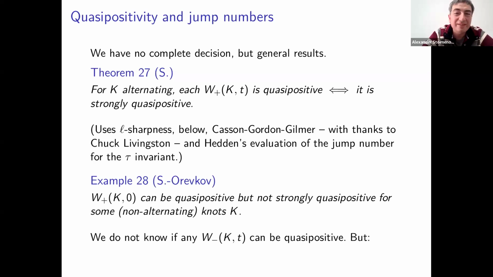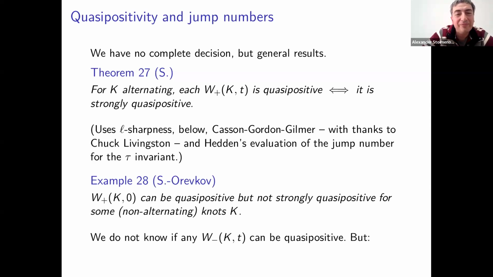And then I use Hedden's evaluation of the jump number for the tau invariant and some version of Casson-Gordon invariance, which was due to Gilmer and was explained to me recently by Chuck Livingston. So all of this plays a role, and the Kauffman polynomial also plays a role. So there is this jumble of tools that enter into this.